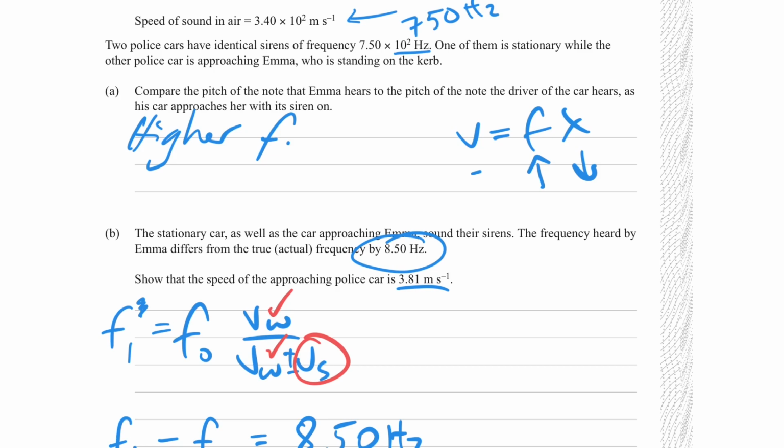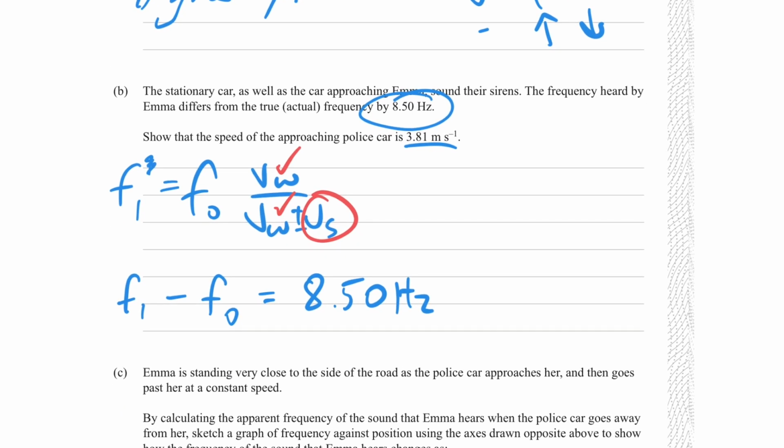Oh, we do know the identical sirens, so we know that F0 is 750 hertz. So we plug in 750 hertz into there and there, and then we rearrange for F1 and throw F1 into there and eliminate that, and then we've got the source velocity.